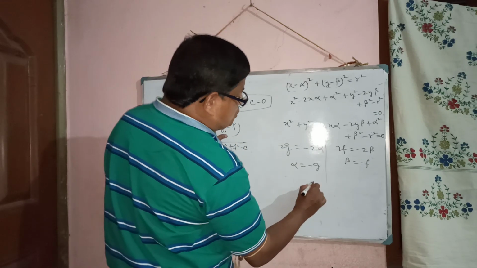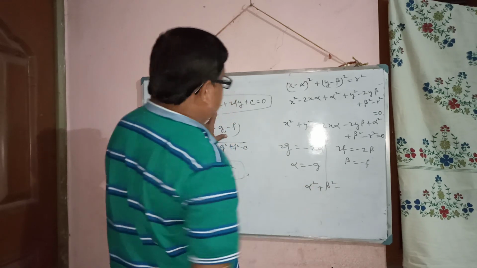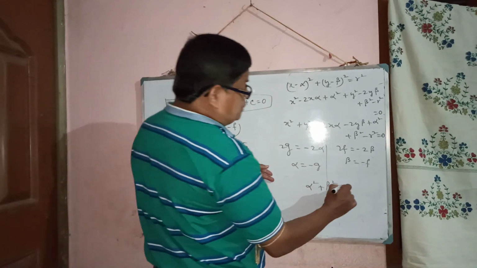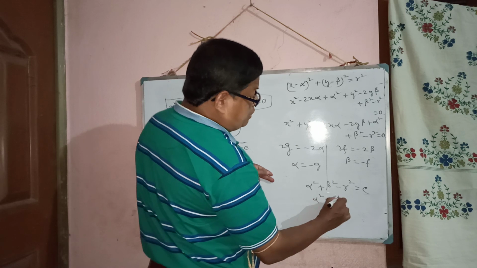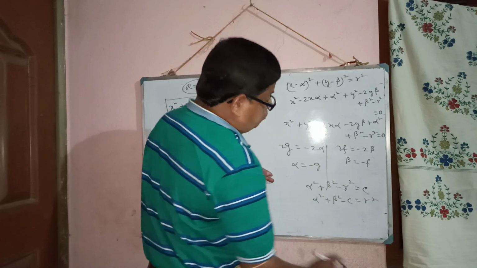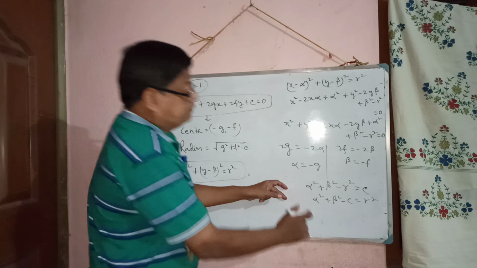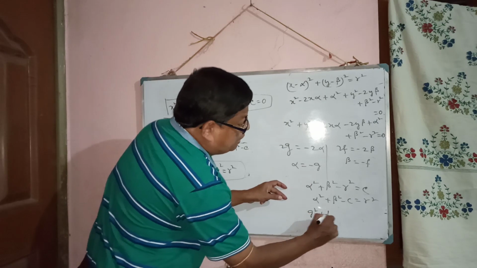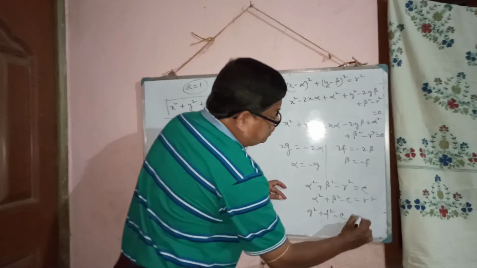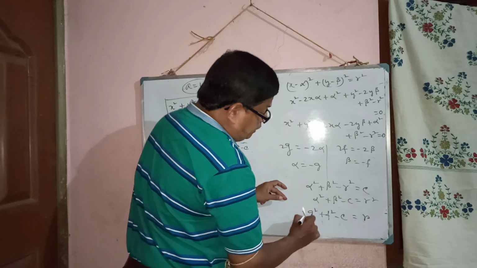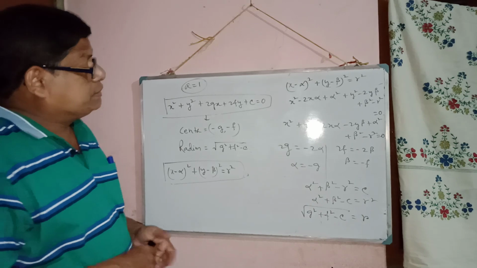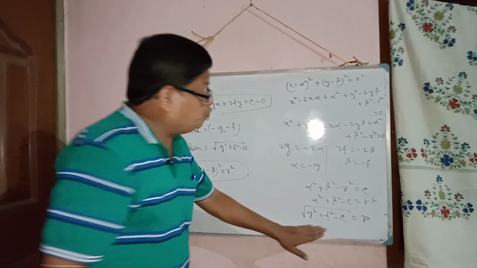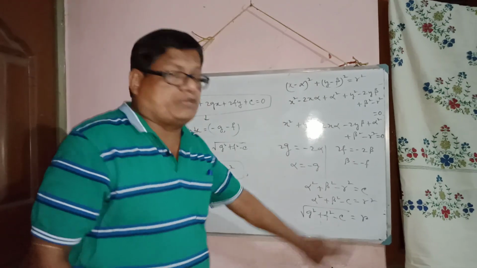And alpha square plus beta square minus r square equal to c, so alpha square plus beta square minus c equal to r square. That is g square plus f square minus c equal to r square. So r will be root under g square plus f square minus c.